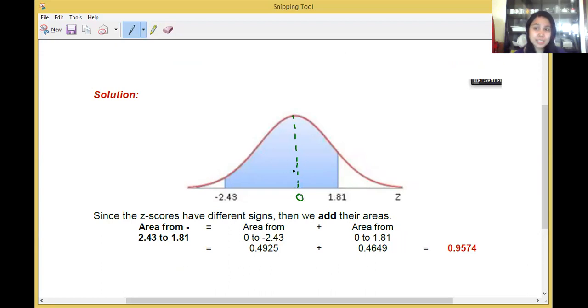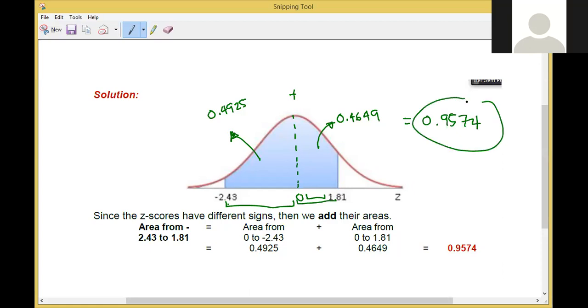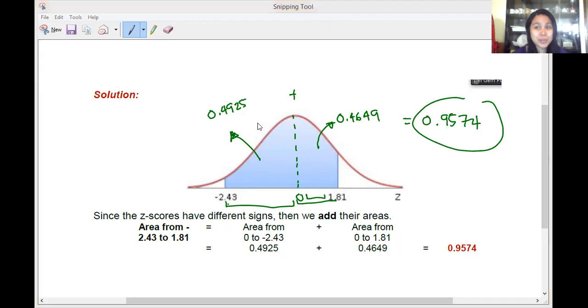The area from 0 to 2.43 is 0.4925. And the area from 0 to 1.81 is 0.4649. Remember, if it's from negative to positive, we add the areas. So the answer is 0.9574. If you have questions, you can raise your hand and I'll entertain it. Now let's go to the next one.